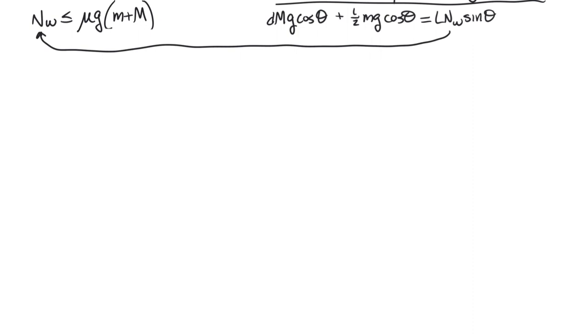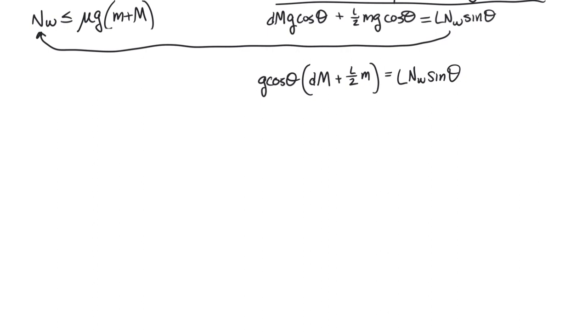Like I can factor out the g cosine theta. I'm not sure how useful that is, but I can. So if I do that, I get g cosine theta times dm plus L over 2 little m all equals L N_W sine theta.